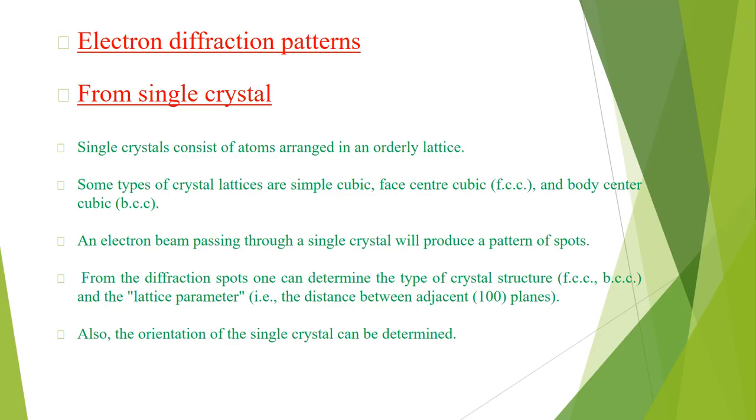An electron beam passing through a single crystal will produce a pattern of spots, and from the diffraction spots one can determine the type of the crystal structure, that it may be face centered cubic or body centered cubic, and the lattice parameter, that is the distance between adjacent planes, and that plane may be in the form of 100 Miller indices.